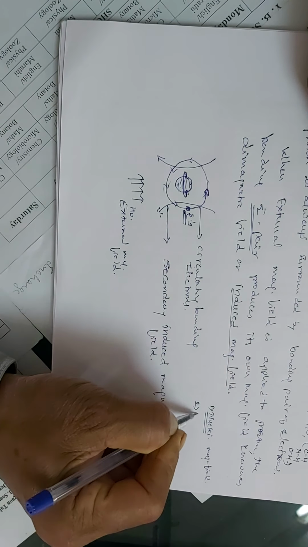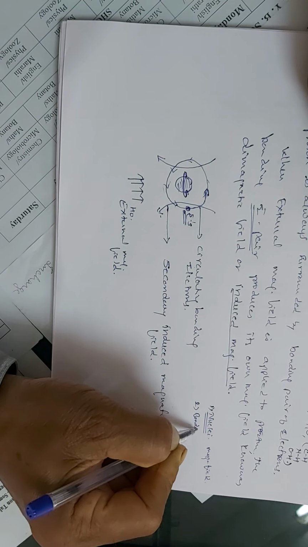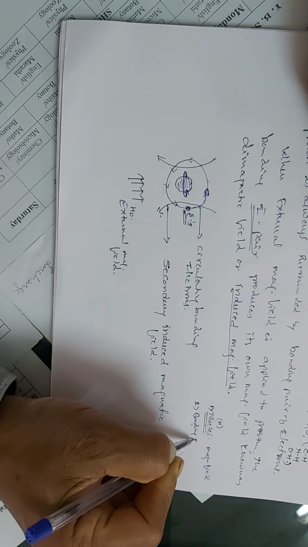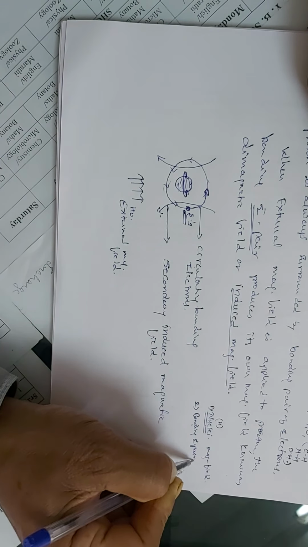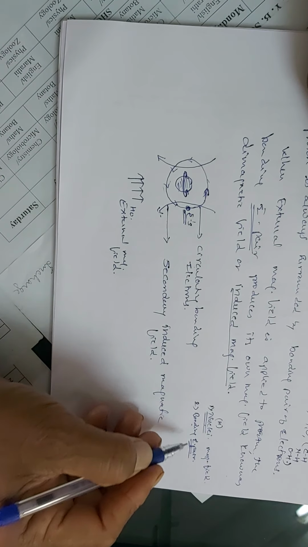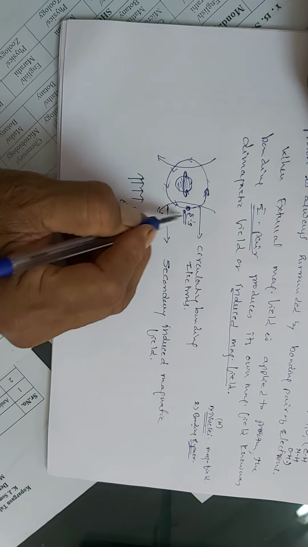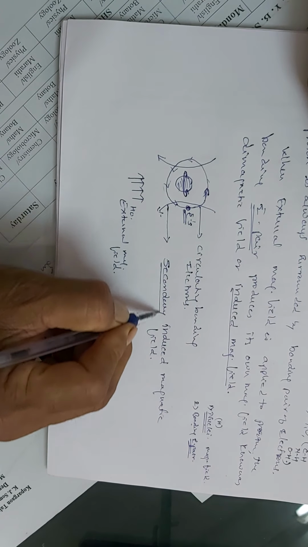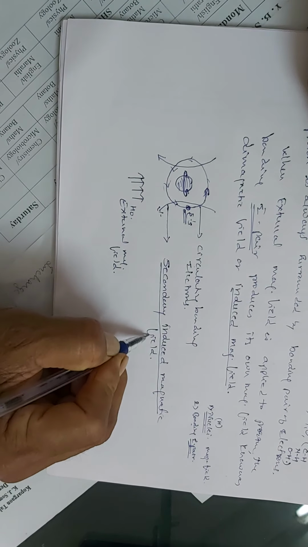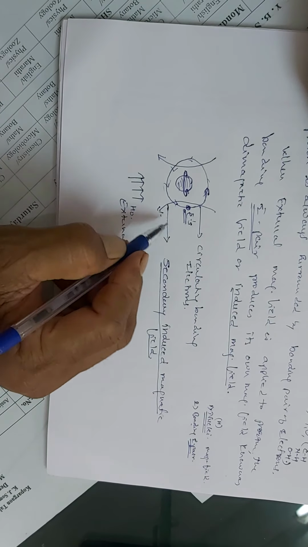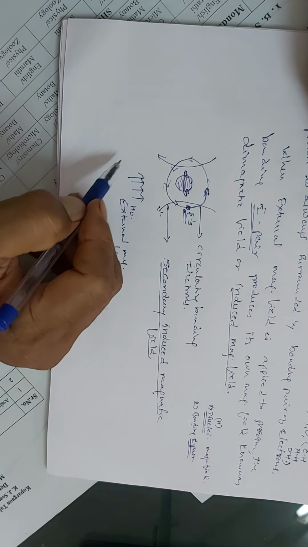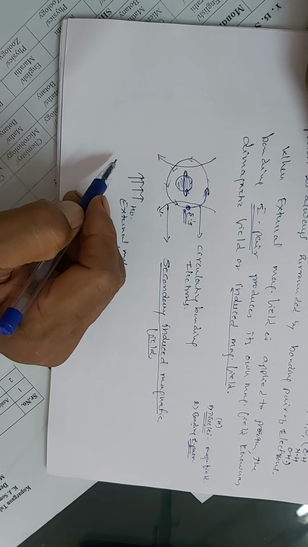The second thing is the bonding electron pair. These are also forced to circulate around the nucleus, here the proton, and create their own magnetic field, the secondary induced magnetic field, which may align opposite or parallel to the applied magnetic field.